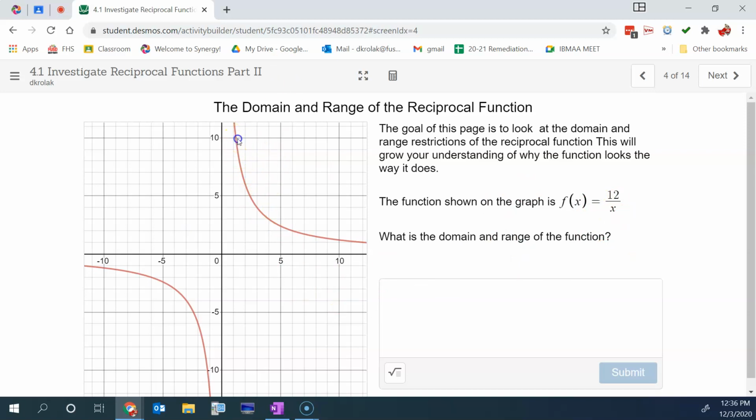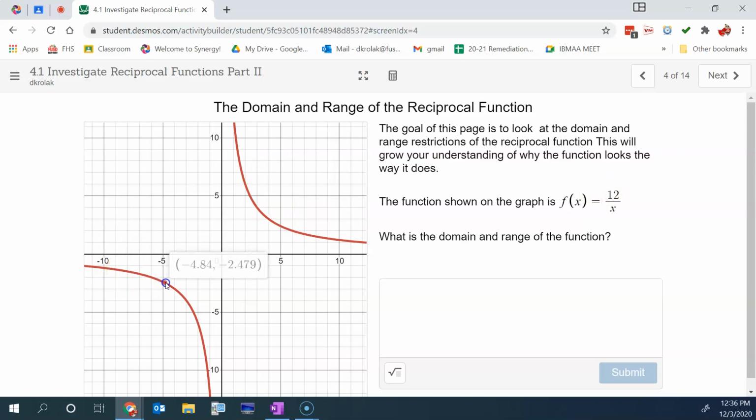If I click on this and just drag it, any pair of numbers, if I multiply those two, I'm going to get 12. If I multiply those two, I'm going to get positive 12. The coordinates, when you multiply them, give you 12. If this number was a 6, then any numbers on here would multiply together to be 6.